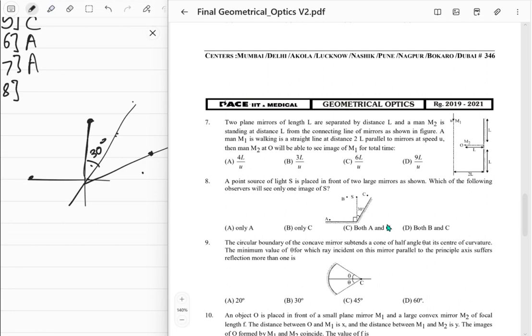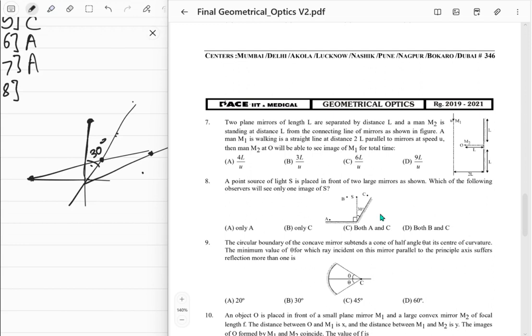So the thing is, will we be able to find a point such that a ray finally gets to A? Actually, yes, you will be able to get a point like that because that's 30 degrees right there, and now you can find a point by doing this thing. So yes, there is a point that actually works. So A will see this image, fine.